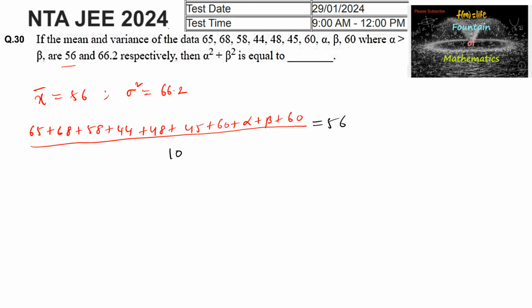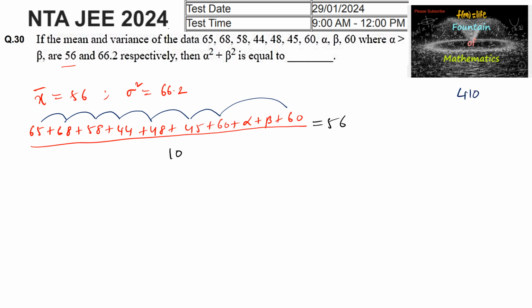So we can take the sum here. 60 plus 60, 120, 120 plus 50, 170, 170 plus 40, 210, 210 plus 40, 250, 250 plus 40, 290, 290 plus 60, 350, 350 plus 60 is 410.